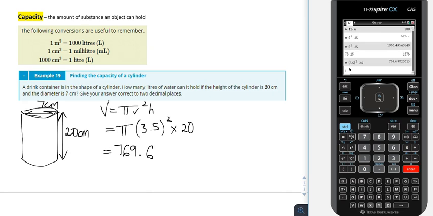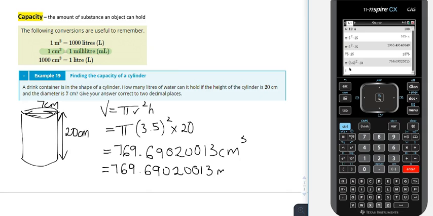of 769.630, etc., etc. There's a few decimal points there, and I'm keeping all of those decimal points because when I do my conversion, that actually might make a difference. So I know that 1 centimeter cubed is equal to 1 milliliter. So this is the same as 769.63 milliliters. If I then convert that to liters, I've not quite got 1 liter.